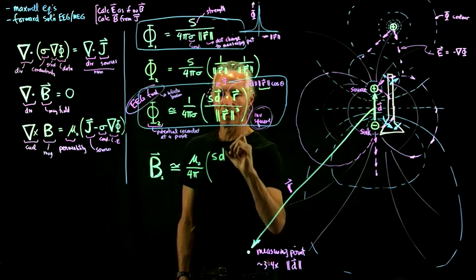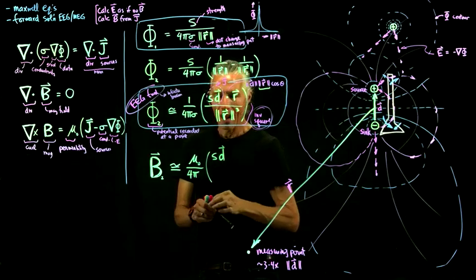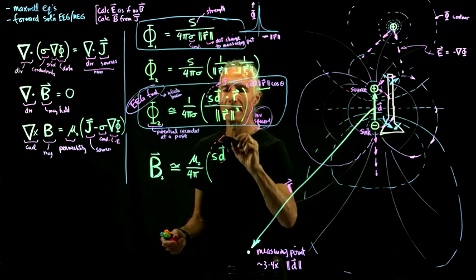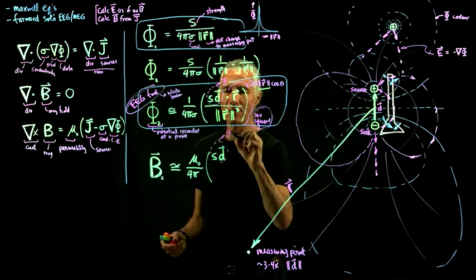It's this amount of current, which represents the current direction and magnitude.